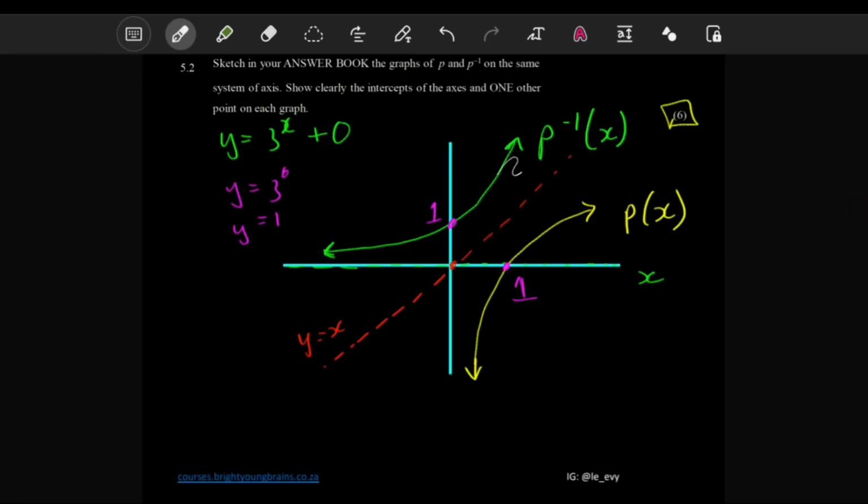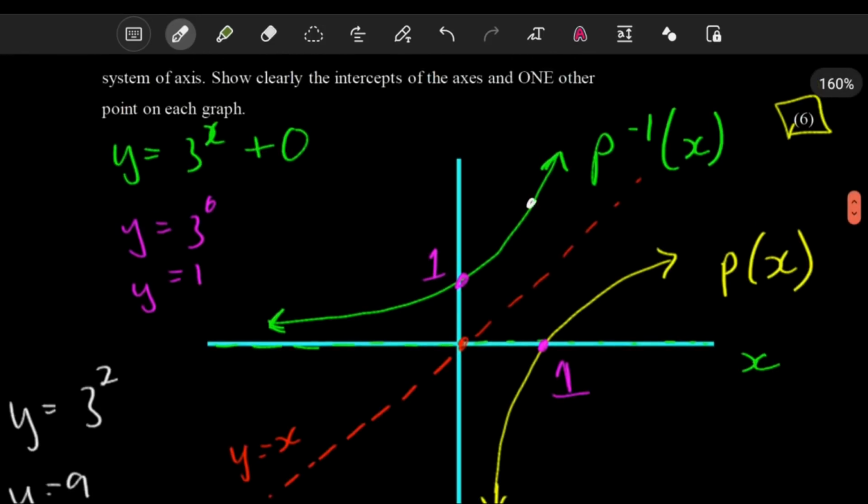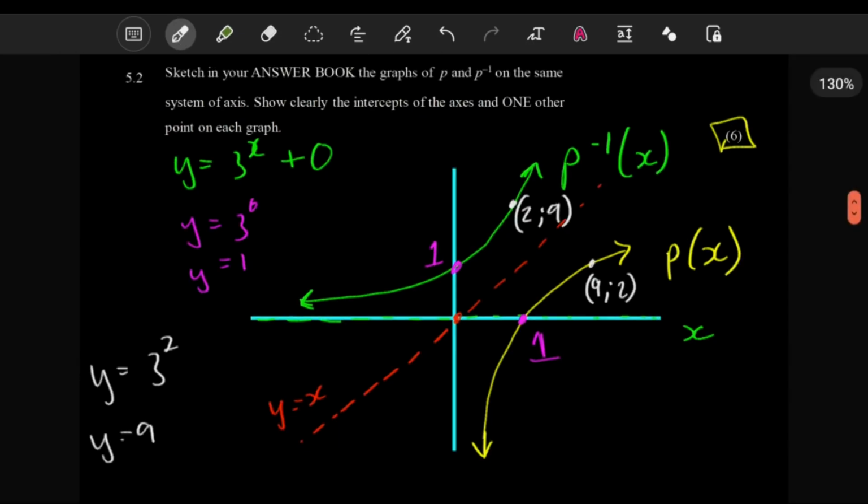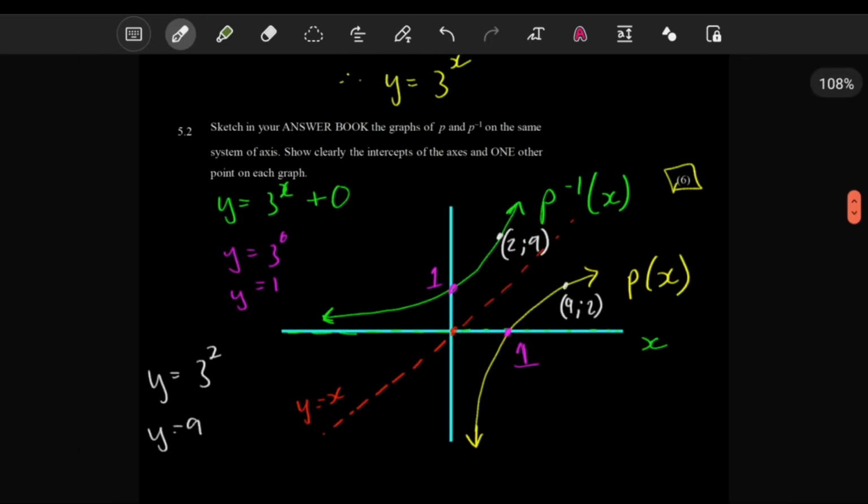Let's just make x a 2. If you make x a 2 on the inverse, you're going to have y equal to 9. So let's plot this point: x is 2, y is 9. Now on the other graph it's going to be flipped over, so you can just put here a 9 and a 2. And then you'll have two birds with one stone.